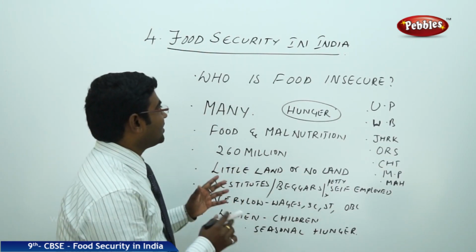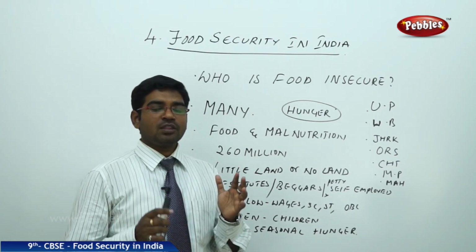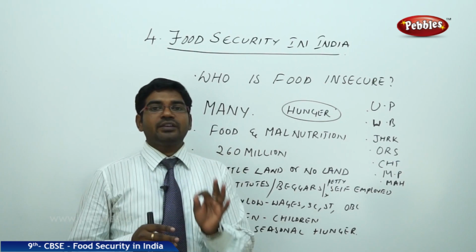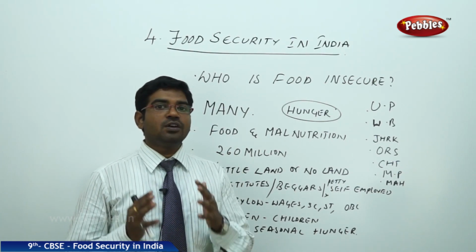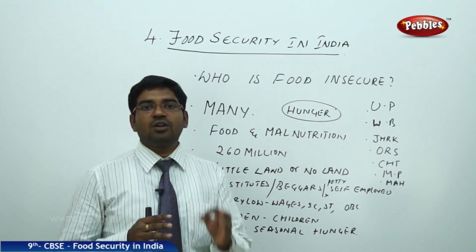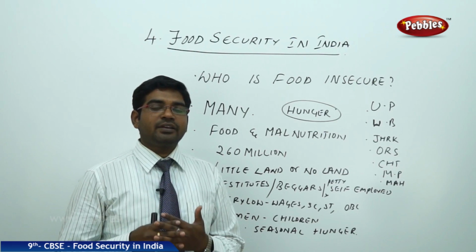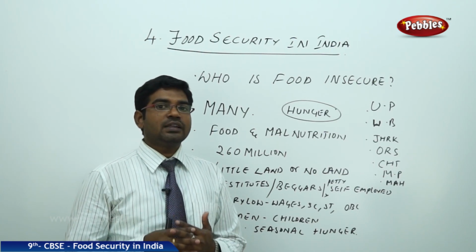Now, moving on to understand who is food insecure. We have till now discussed what the need is to have food security in our country. Now, moving on to the ground reality, where people actually get into the situation of food insecurity.